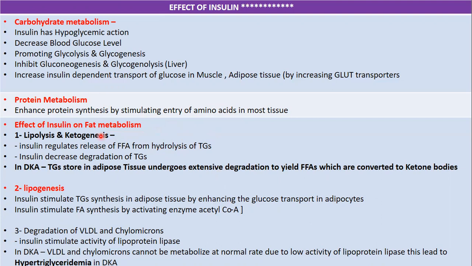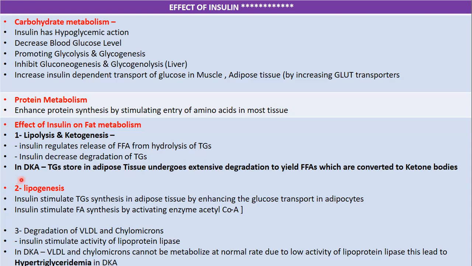Then we come to the effects on fat metabolism: lipolysis and ketogenesis. Insulin regulates the release of free fatty acids from hydrolyzed triglycerides, which we see in our adipose tissue. Insulin also decreases the degradation of triglycerides, which would ultimately release fatty acids.